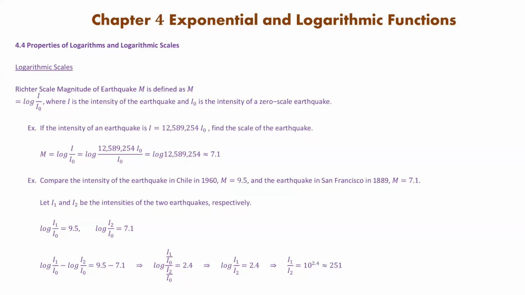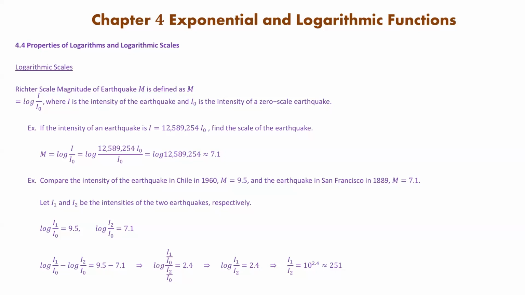So then we can rewrite this logarithm equation into an exponential one, if you still remember what we did a couple of classes ago. Once again, the logarithm just gives you the exponent. So the base is 10, the exponent is 2.4, and that will be equal to the number you take a logarithm of. So that's I1 over I2.